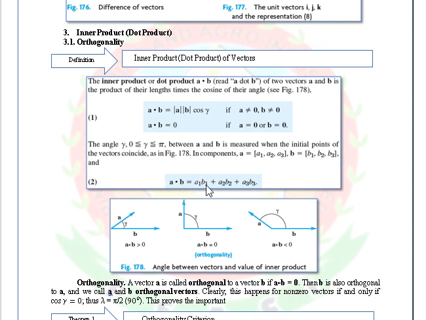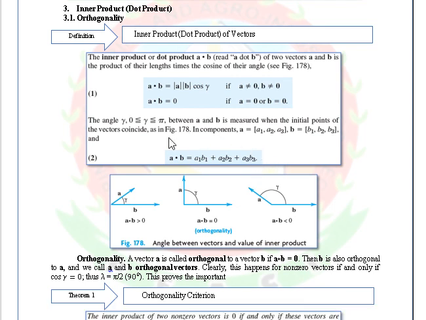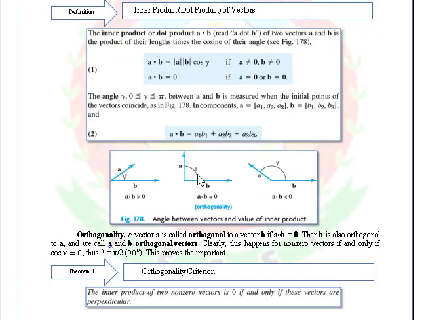What we have done here is a1 b1 plus a2 b2 plus a3 b3, where a1 b1 are the components of a and b along the x axis, a2 b2 are the components along the y axis, and a3 b3 are the components along the z axis. Then add them. That will be the result of a dot b, or inner product, or dot product.